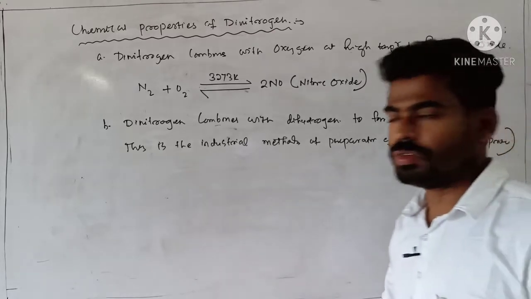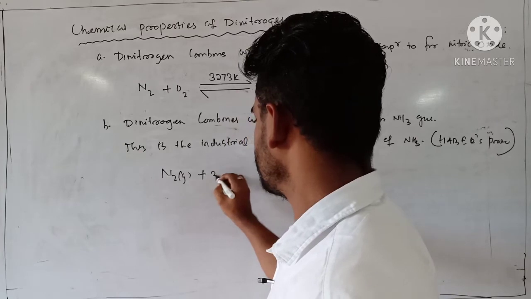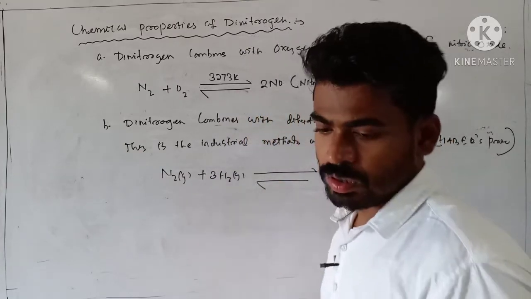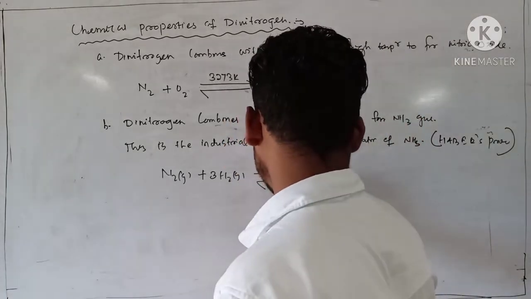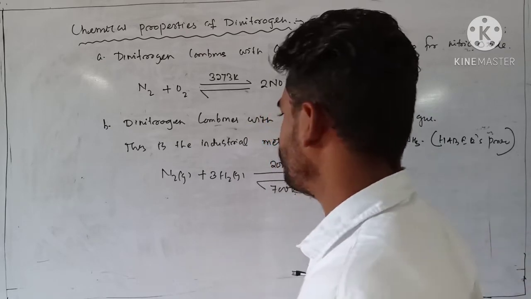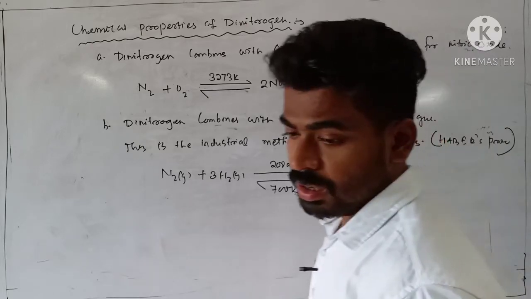The reaction can be written as N2 plus 3H2, and this reaction is also an equilibrium. It occurs at 200 atm pressure and near about 700 Kelvin temperature. So you get 2NH3, which is called ammonia.